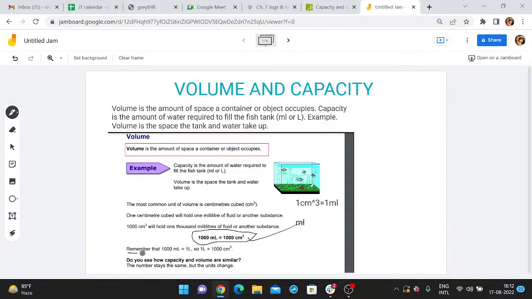Now we need to remember that 1000 milliliters is 1 liter. Now who amongst you know this thing that 1000 ml is 1 liter?